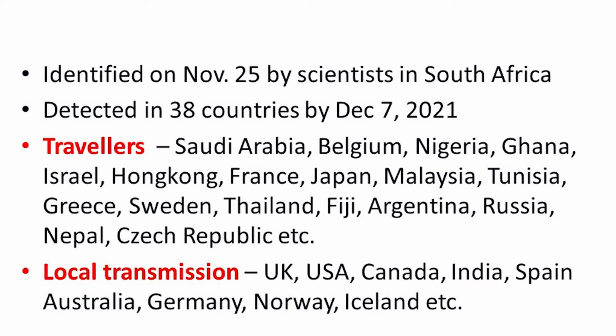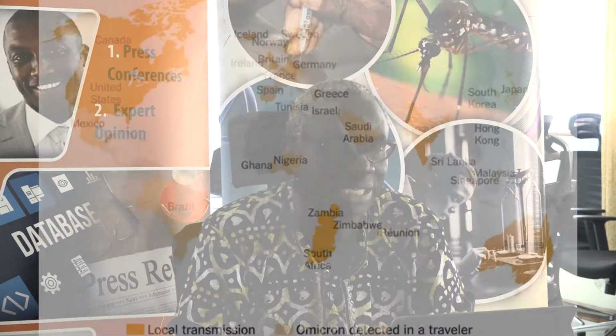By this we mean there are people who have not got into contact with anybody who has traveled from Southern Africa, but you find that they have got Omicron. And this has been identified in the UK, the US, Canada, India, Spain, Australia, Germany, Norway, Iceland, and a few other countries.